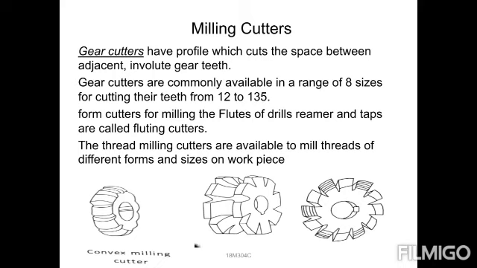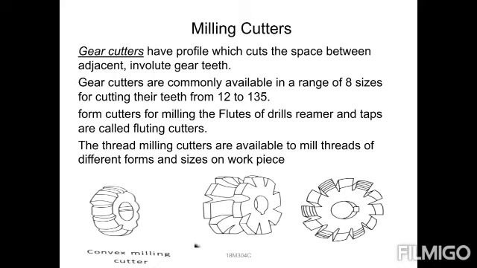Next one, one more cutter is the gear cutter. On the milling machine, gears can also be manufactured with the help of cutters, as already discussed in the previous class.